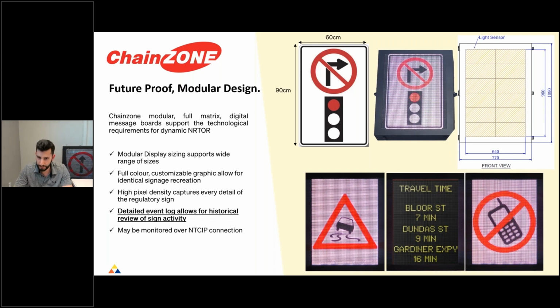So there are some ways that you can account for potential failures or potential arguments from citizens who are trying to argue that the sign was off. And that can be done through historical logs and added redundancy at the intersection, or as well monitoring the sign over NTCIP to ensure it's still active and working.